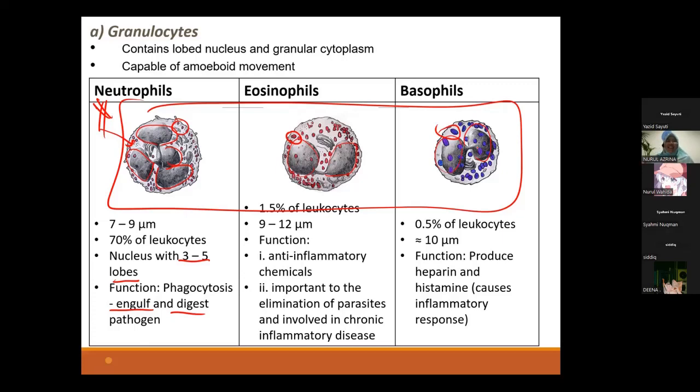Under the microscope we can differentiate by looking at the stain of the granules.